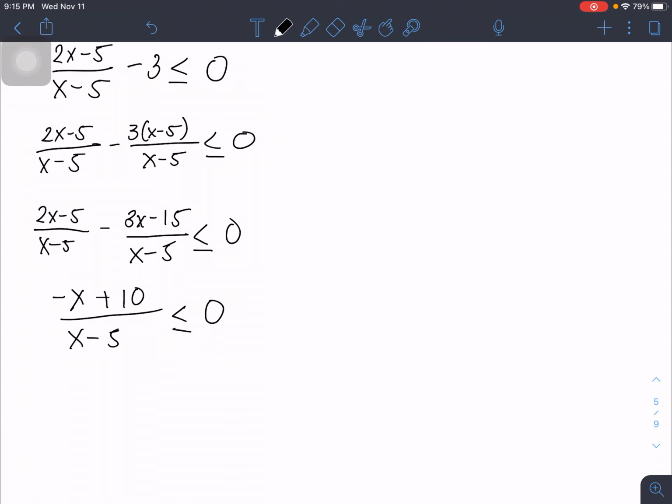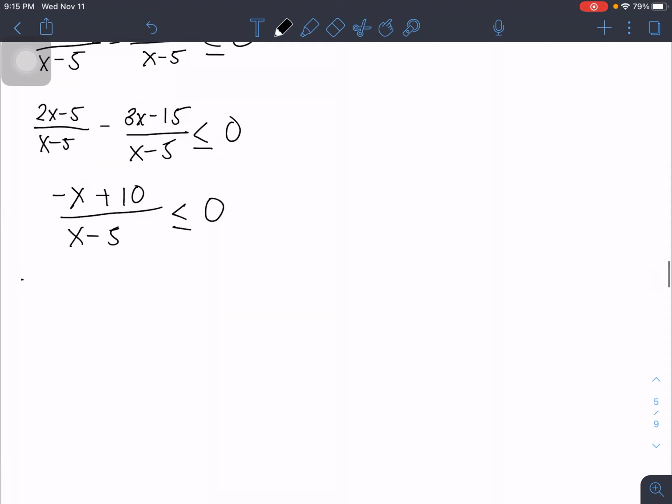So we already simplified the answer. Now separate the numerator and denominator. Okay, so we have 10 and 5.